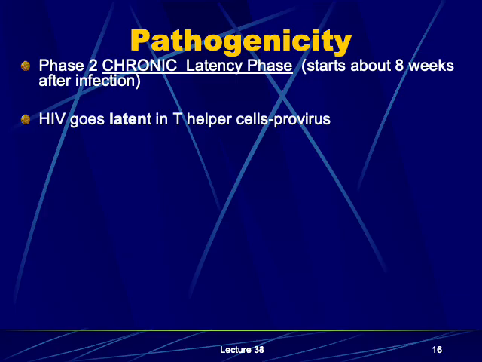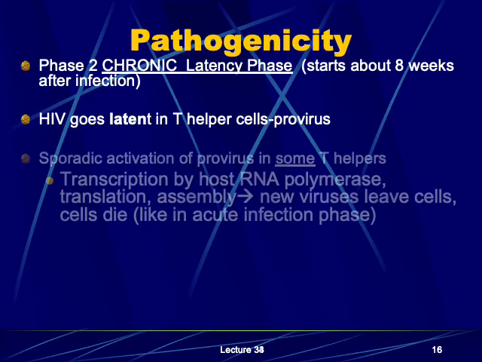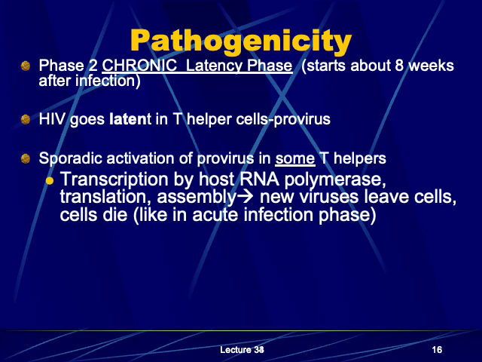So as you'd suspect from the name, HIV is now going to go latent in the T helper cells, and it's known as a provirus in this time. However, there will be a sporadic activation of the provirus, so it becomes an active virus that starts replicating and killing the T helper cells.